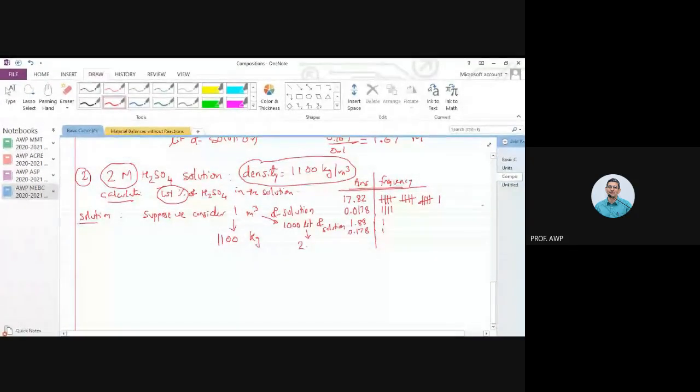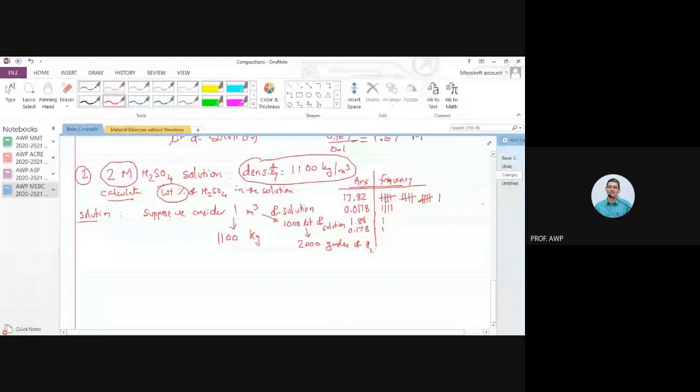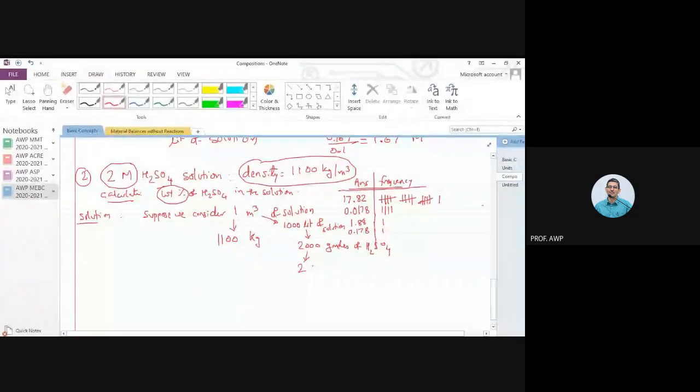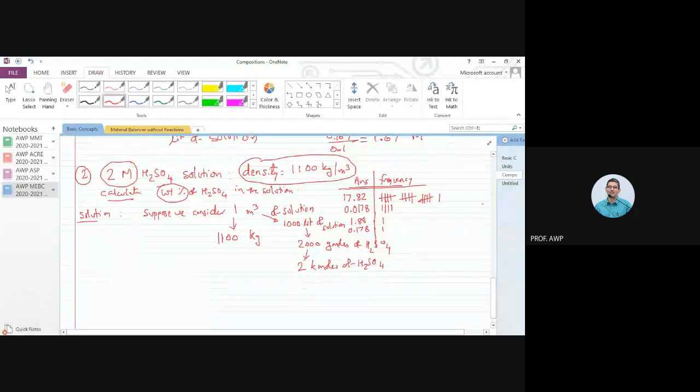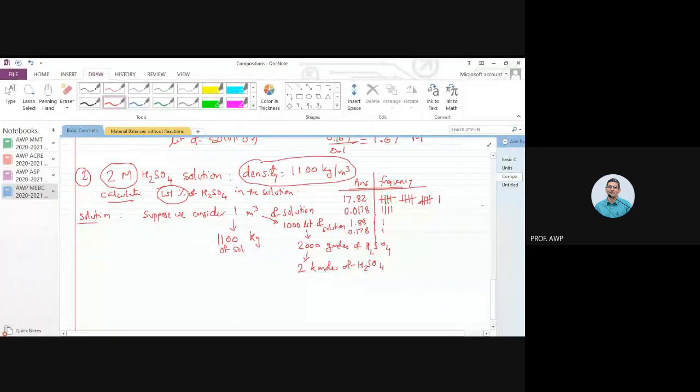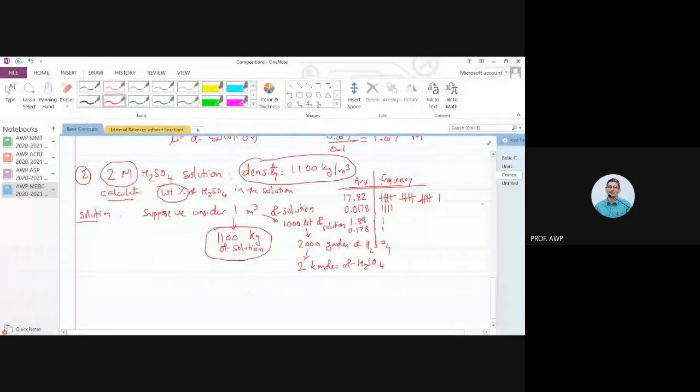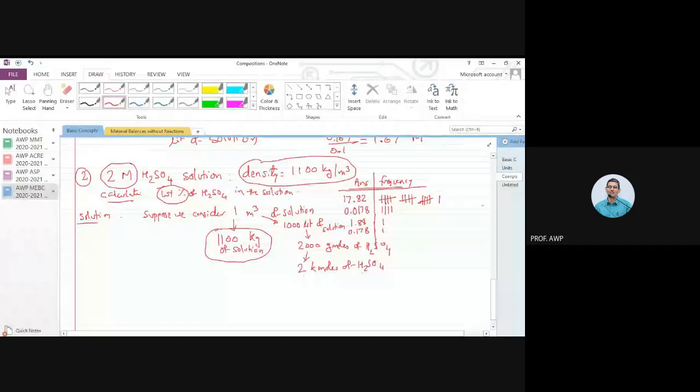It would be 2000 gram moles of H2SO4, because the molarity is 2. 1000 into 2 will give you 2000 gram moles. 2000 gram moles of H2SO4 is the same as 2 kilomoles. So I have 1100 kgs of solution, and in that 1100 kgs of solution, I have 2 kilomoles of H2SO4.